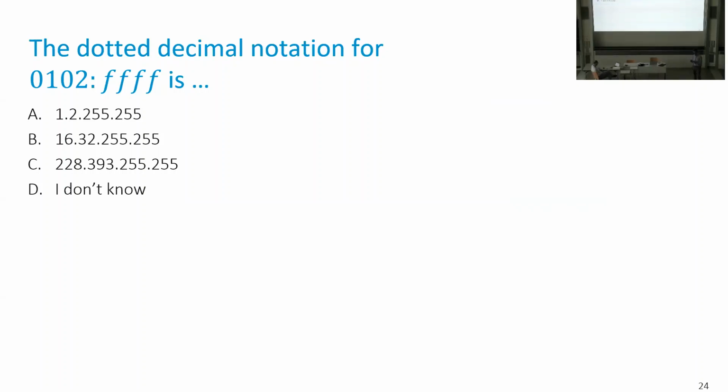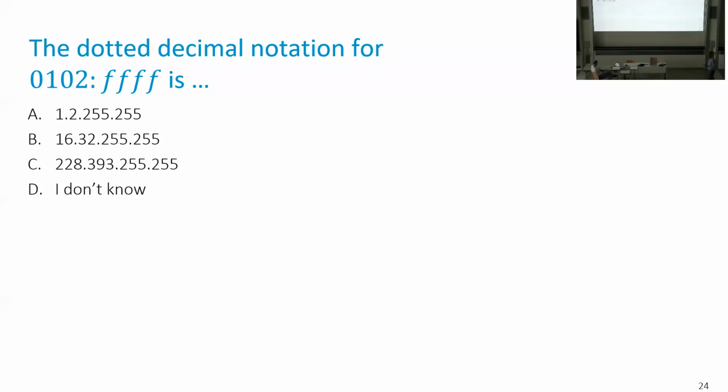Right now, let's go to one or two small questions. The background of this question is that we will sometimes need to write an address in the format of an IPv4 or an IPv6 address.